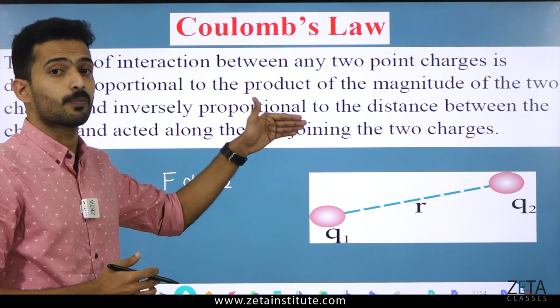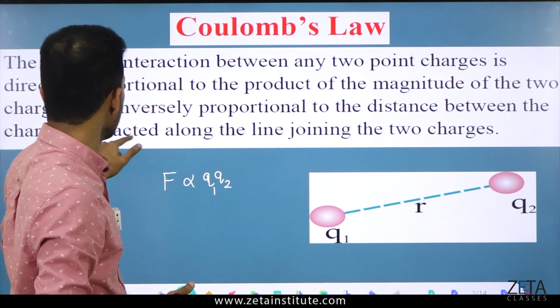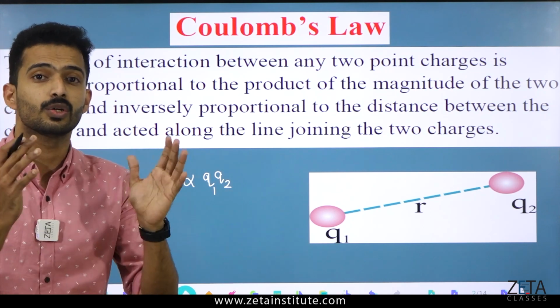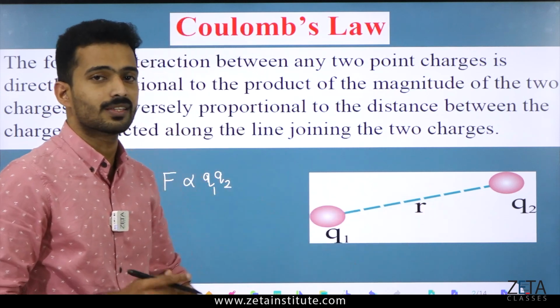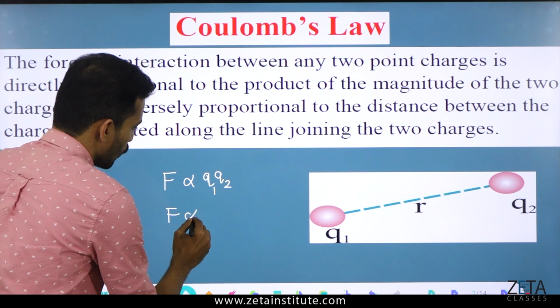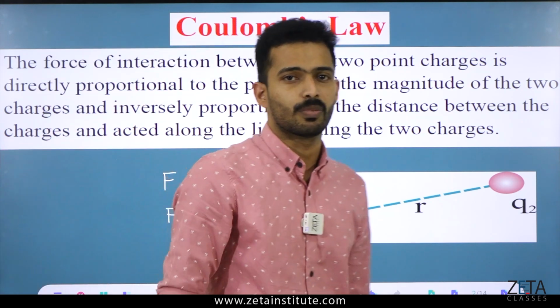It is inversely proportional to the square of the distance between the two charges. Here the distance between these two charges is R. So we can write F is proportional to 1 by R square.